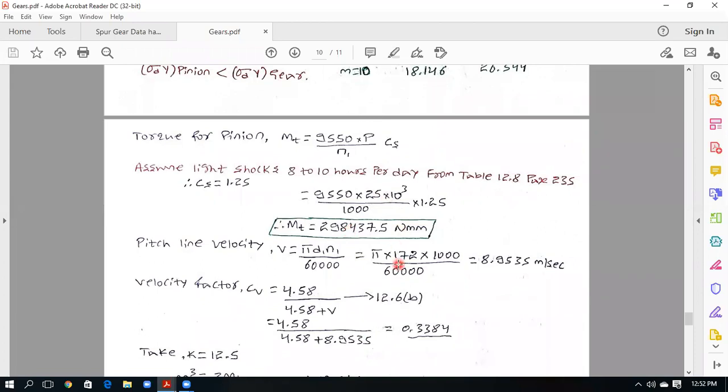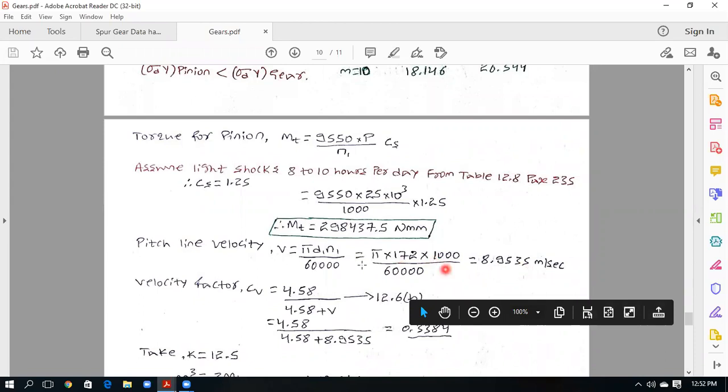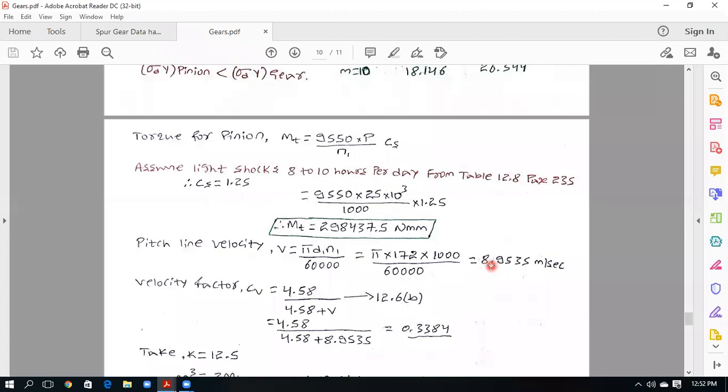The diameter of the pinion is calculated, N1 is given. From this, the velocity is obtained as 8.9535 meters per second. Here you can see that the velocity is greater than 8.8 meters per second.